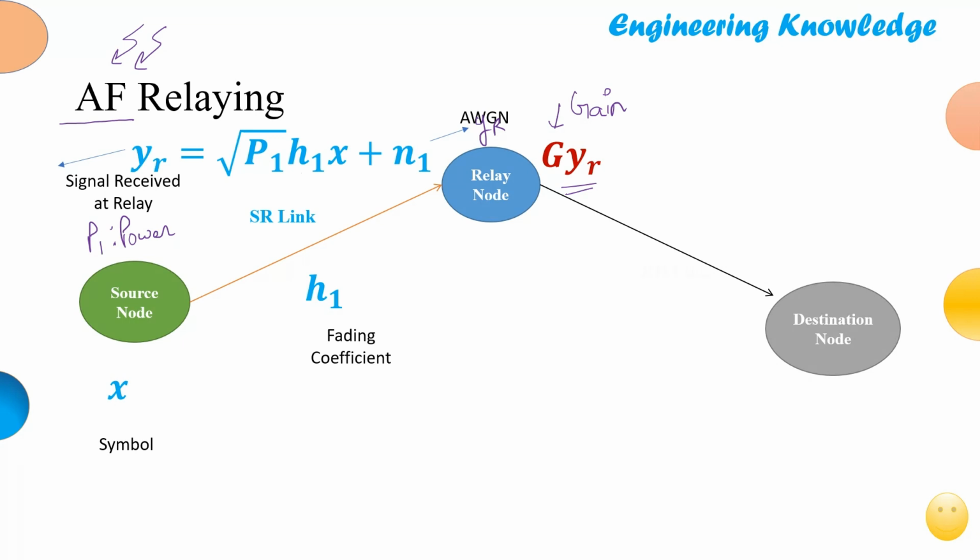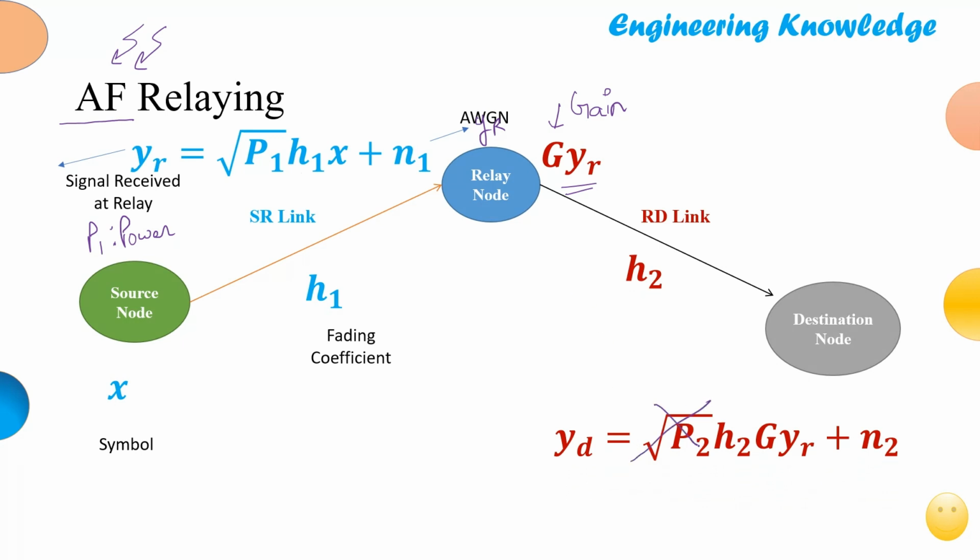Now next, the destination receives the signal over the relay to destination link, which is also called the RD link, over the fading coefficient H2. So this signal YD is, suppose I omit this root P2, so please eliminate this, H2 times G YR.